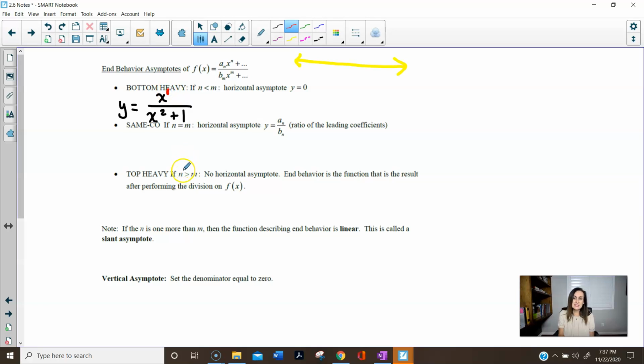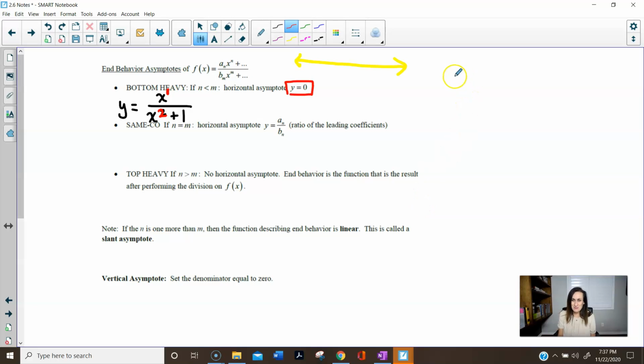And the degree is the highest exponent on a variable. The degree in the denominator is a 2. So that means that the bottom has a larger degree than the top. Anytime the bottom has a larger degree than the top, the horizontal asymptote will always be y equals 0.